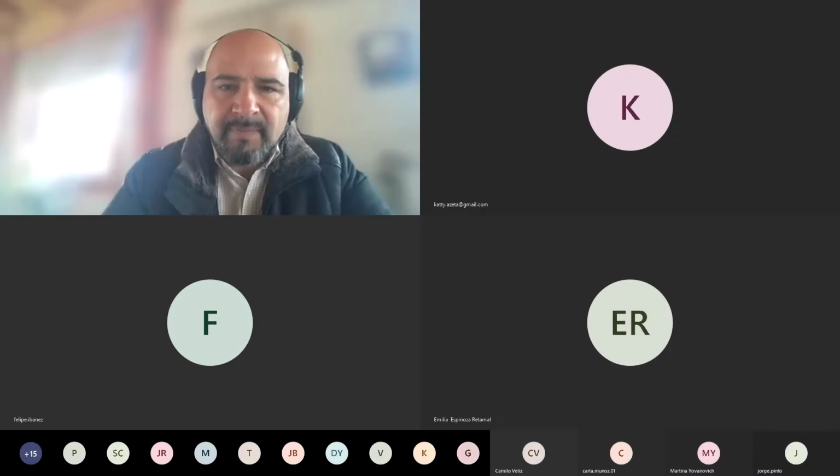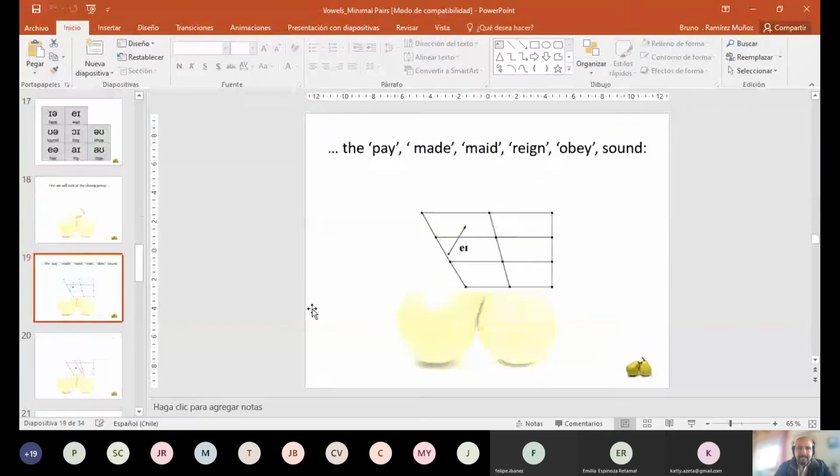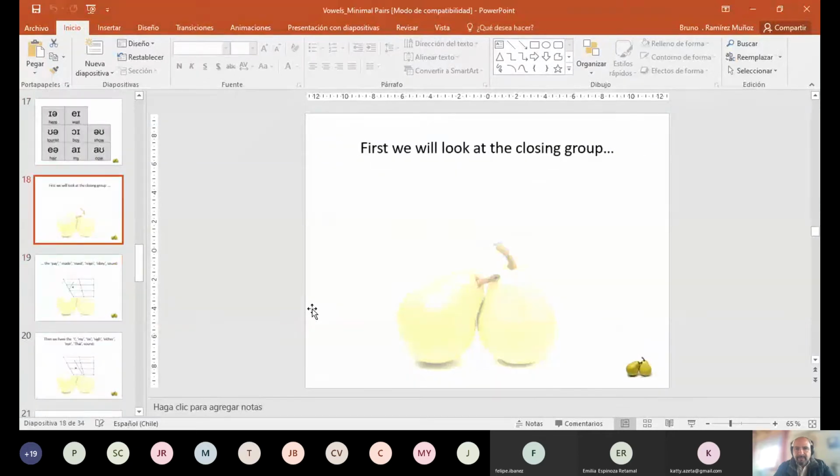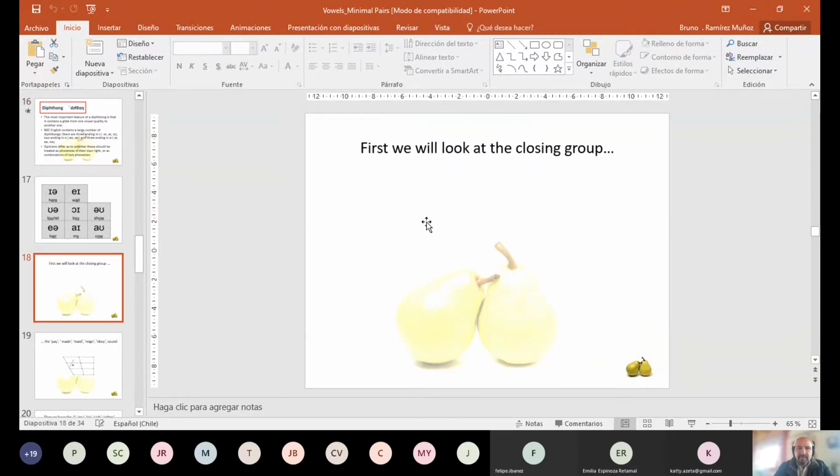And also in terms of theory, you're expected to know that a diphthong, right, is basically one sound unit in which you glide from one sound into the other.